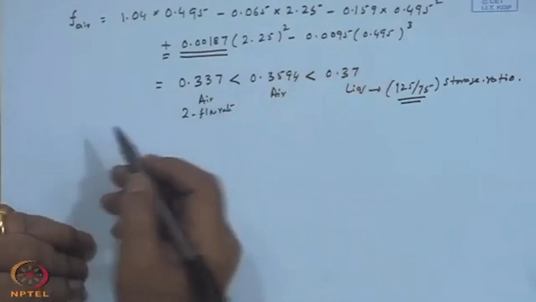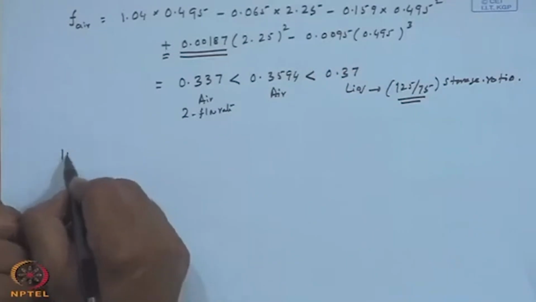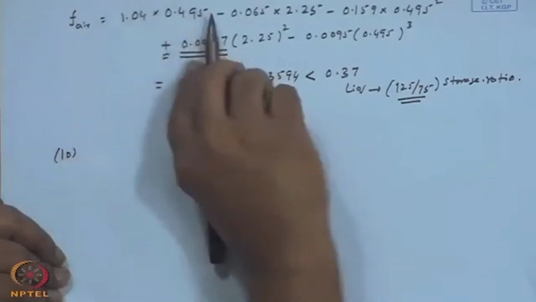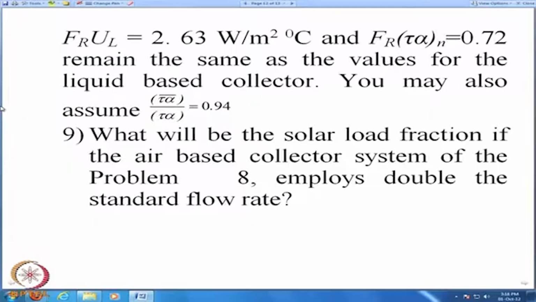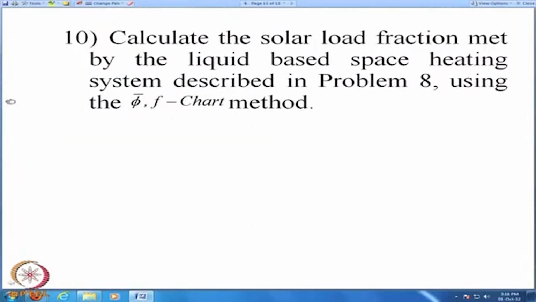Now, lastly, this is problem number 10, which should bring us close to these exercises on the F chart and phi bar F chart.